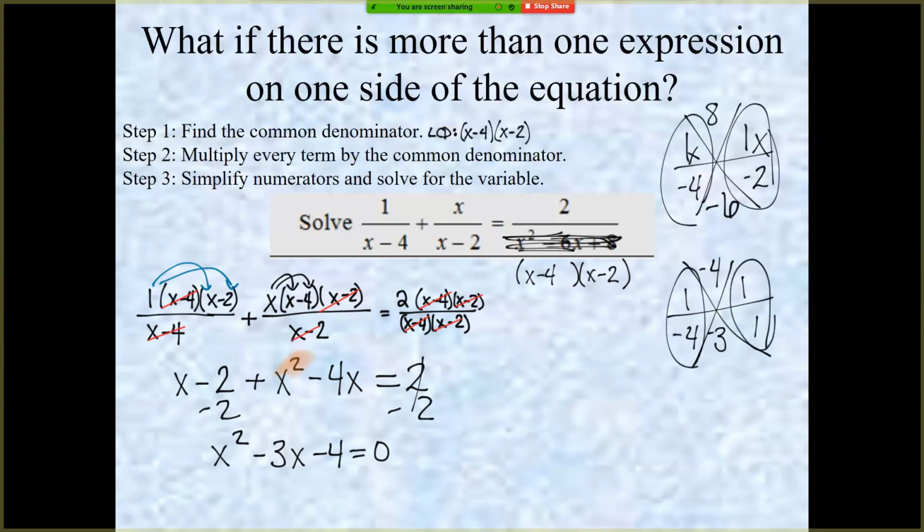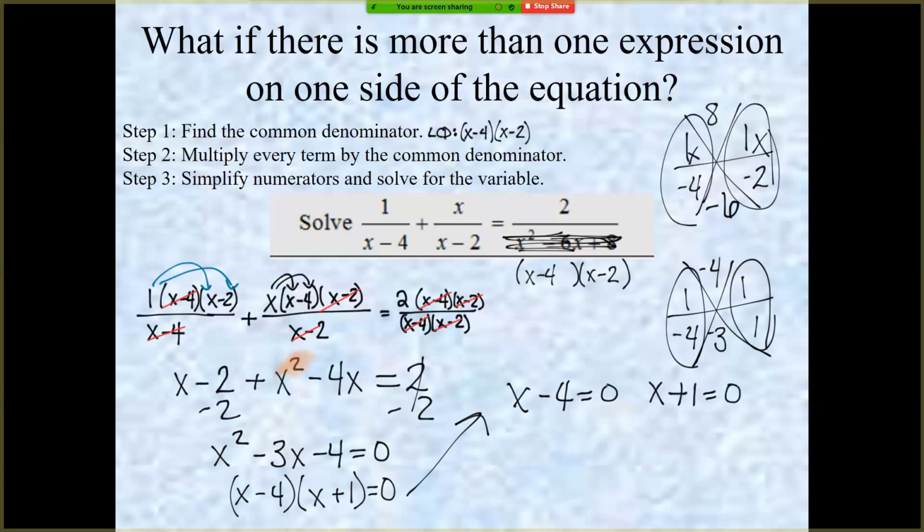My fractions here don't reduce, so I have factors of x minus 4 and x plus 1 still equals 0. To get your answers, you're going to have to set both of these equal to 0. So x minus 4 equals 0, x plus 1 equals 0, which means x equals 4 and x equals negative 1.